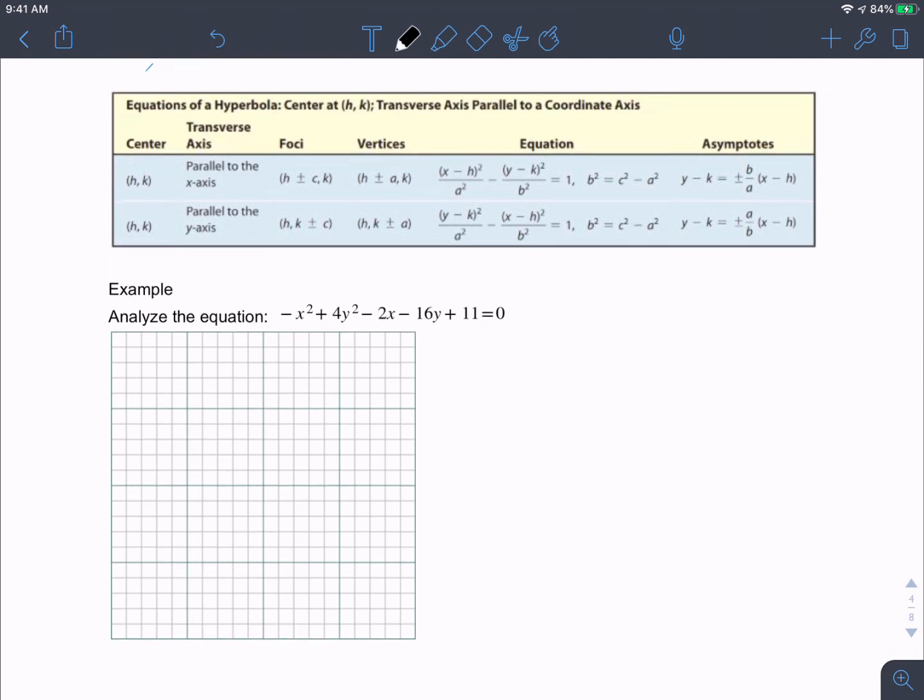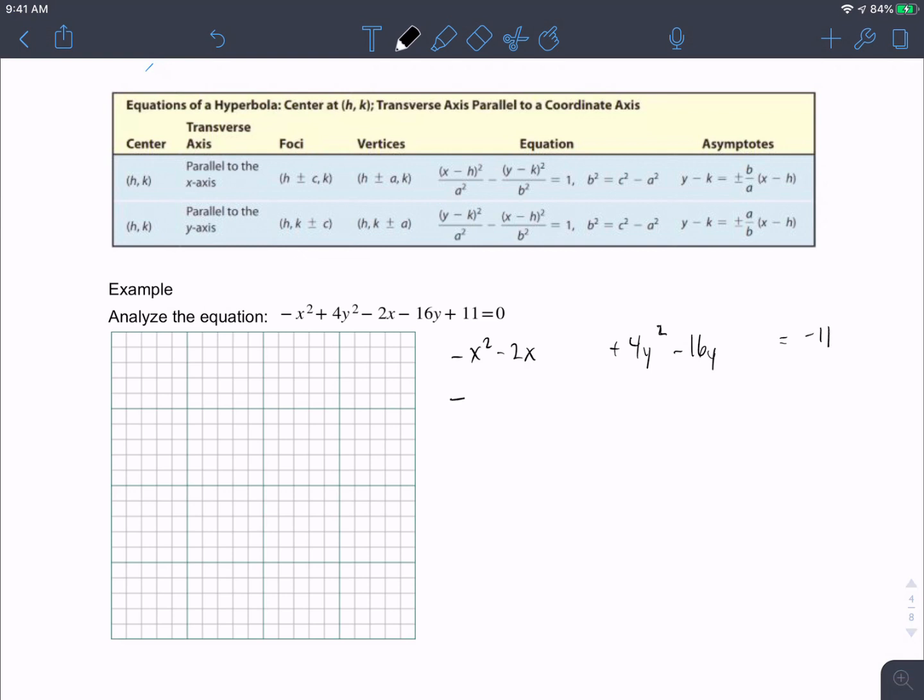So I'm going to rewrite this in such a way that I have the x terms together and the y terms together, and then I'm going to move the constant to the other side. So I'm going to get negative x squared minus 2x plus 4y squared minus 16y is going to be equal to a negative 11.